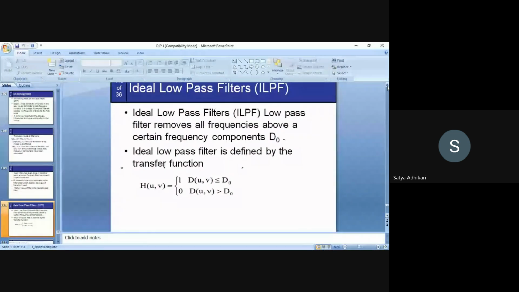That is, if it passes, the value is 1, otherwise it is 0. The ideal low pass filter is defined by the transfer function H(u,v) = 1 if D(u,v) is less than or equal to D0. Suppose D0 is 100. Every frequency less than 100 maps to 1, and every frequency greater than D0 is blocked, so its value is 0.